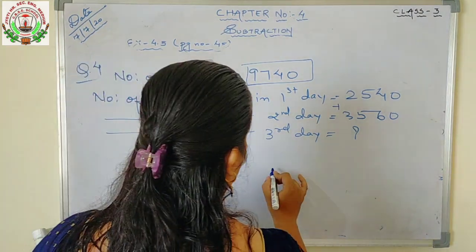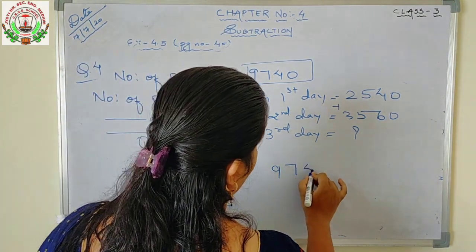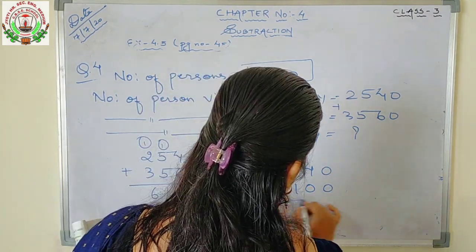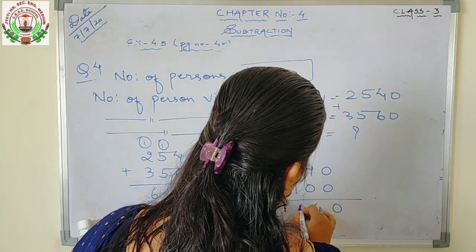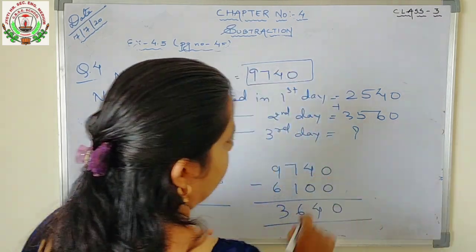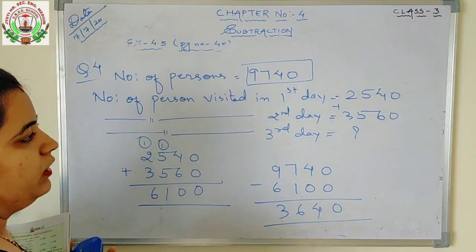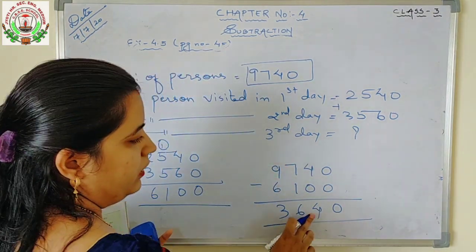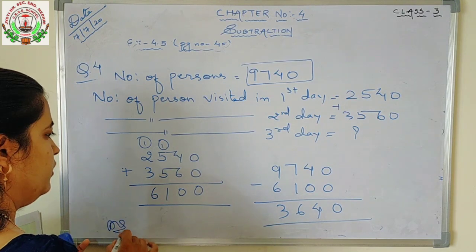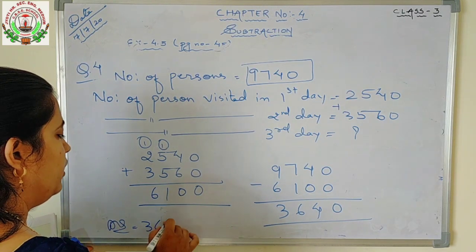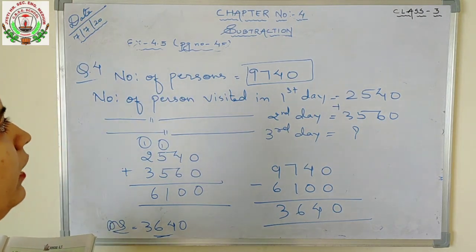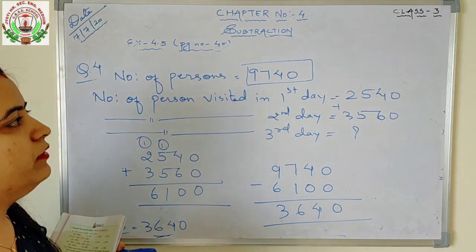And total people were 9,740 minus 6,100. 0, 4, 6, 3. So how many persons visited the fair on the third day? 3,640. Our answer is 3,640 people. Okay. With this we completed our 4th chapter.